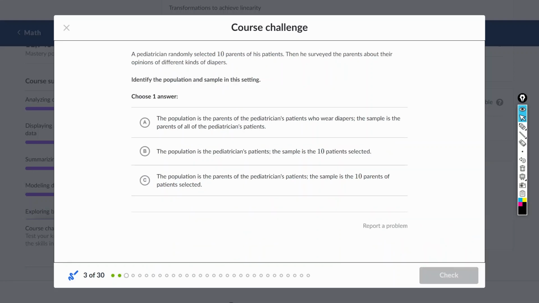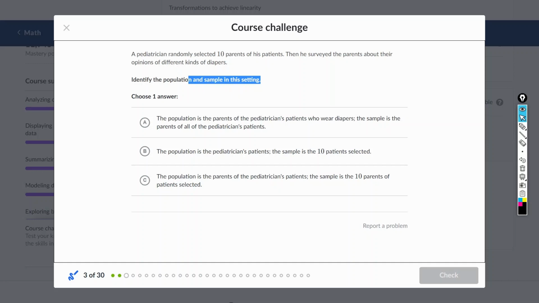A pediatrician randomly selected 10 parents of his patients. Then he surveyed the parents about their opinion of different kinds of diapers. Identify the population and sample in this setting.